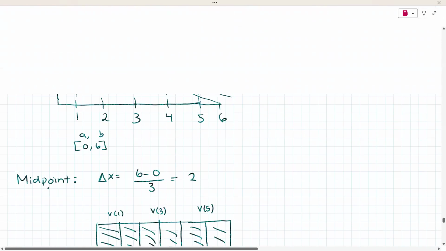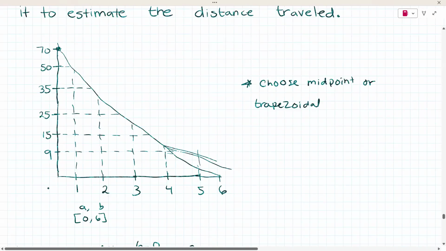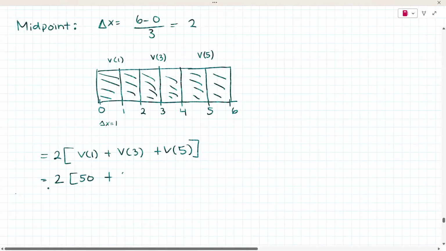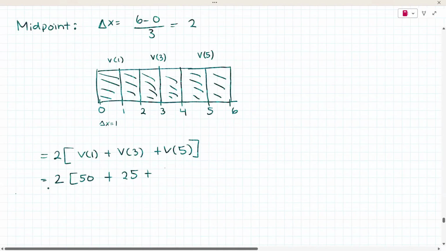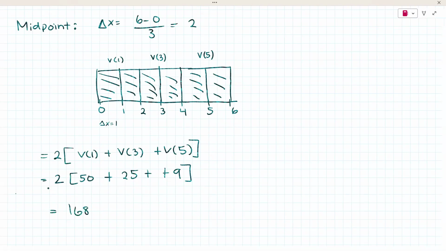V of 3 is going to be about, what do you think, 25? Yeah, it should be about 25, my graph is not to scale. And then v of 5 looks like it's about 9. When you put it all together, you should get 168 feet.